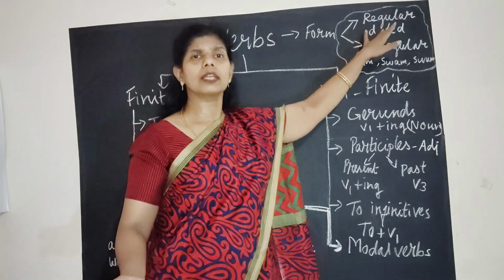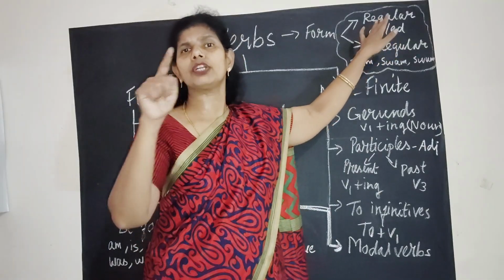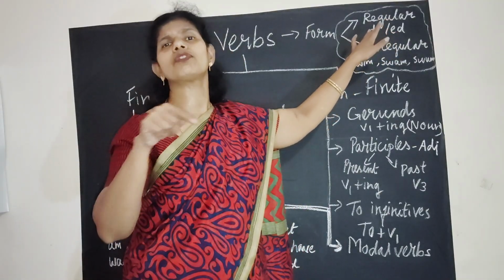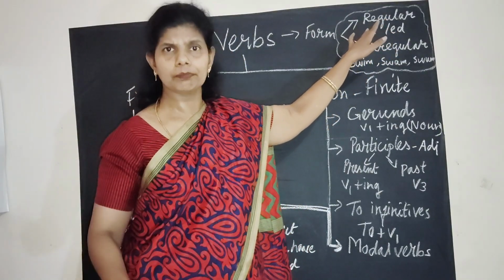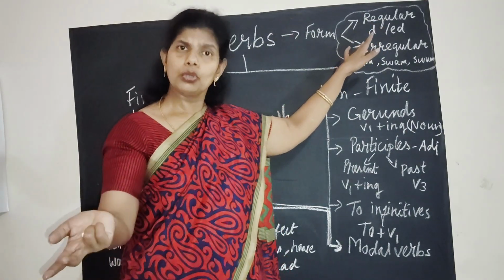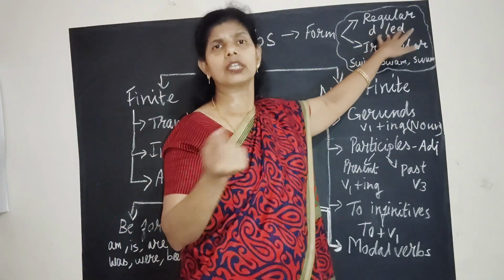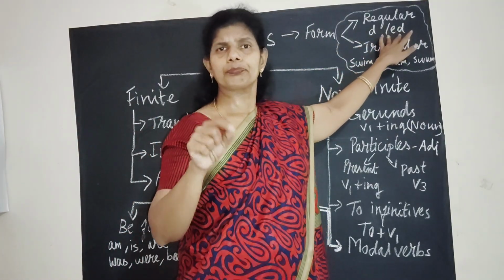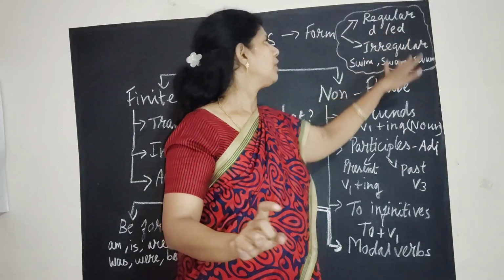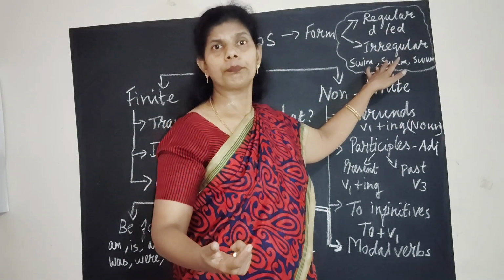Okay. Now what are the regular verb forms? The regular verb forms are when you change from V1 to V2, you have to just add a D or an ED, like saved. You have just added a D to make it a V2 form. So those are the easy ones, the regular ones. Whereas irregular ones totally change their form.